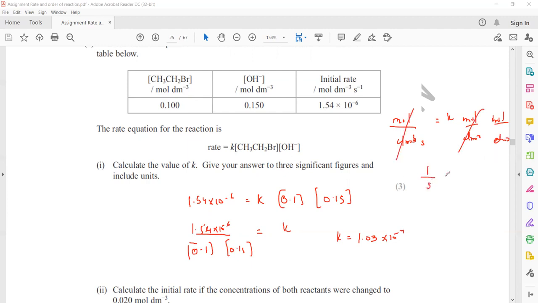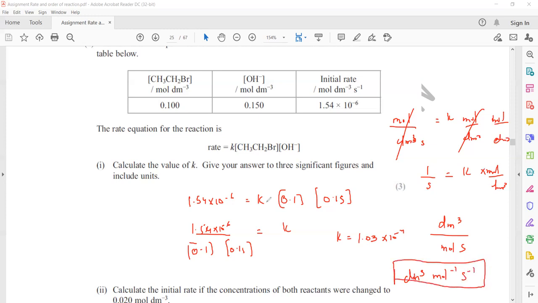So 1 over second equals K mole per dm cube. Dm cube is divided, on the other side it will be multiplied, so it will be dm cube 3. Mole is multiplied, on the other side it will divide, so it will be mole and second. Or we can say dm cube 3 mole inverse second inverse. So that will be the unit of K.